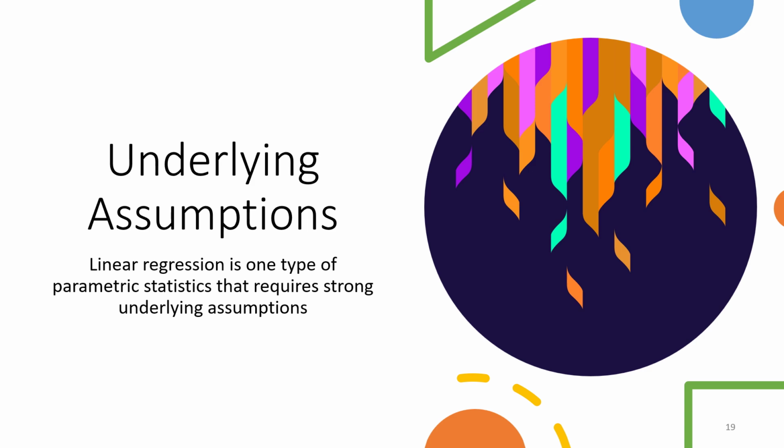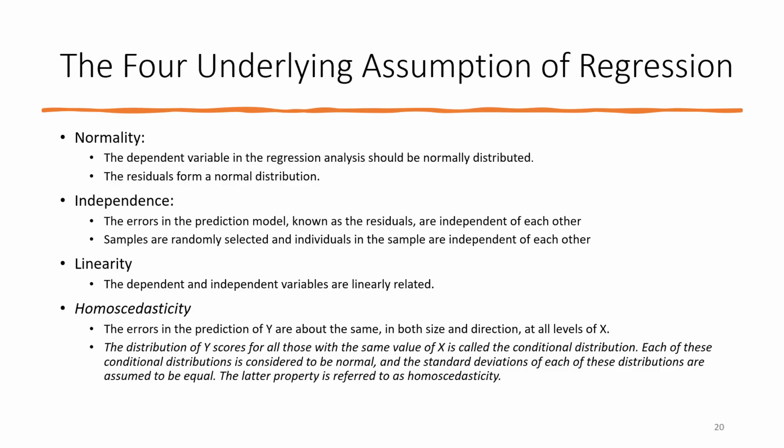Next, I would like to discuss the underlying assumptions of linear regression. It's important to conceptually understand the 4 underlying assumptions in this class. First is normality. The interpretation of normality varies depending on the textbook.